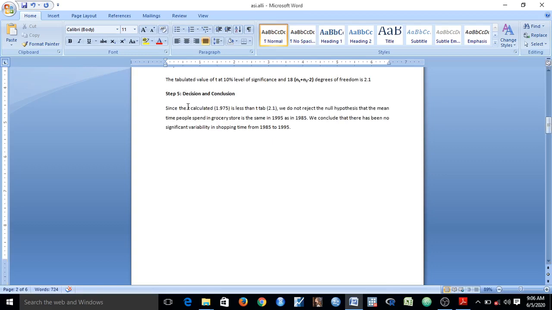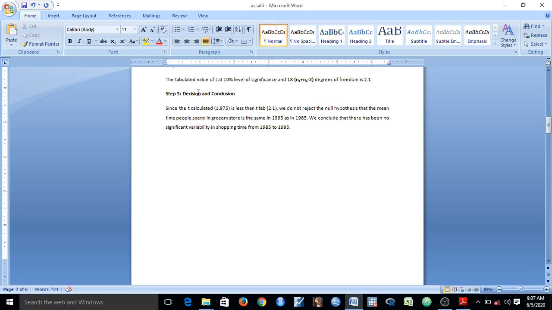How do we make the decision on whether we reject the null hypothesis or not? The calculated t is 1.975, while the tabulated t is 2.1. Where the calculated value is greater than the tabulated value, we reject the null hypothesis. Otherwise, we do not reject the null hypothesis.